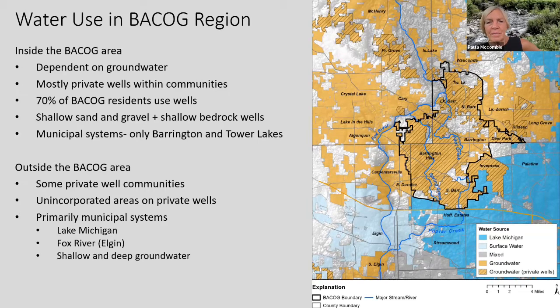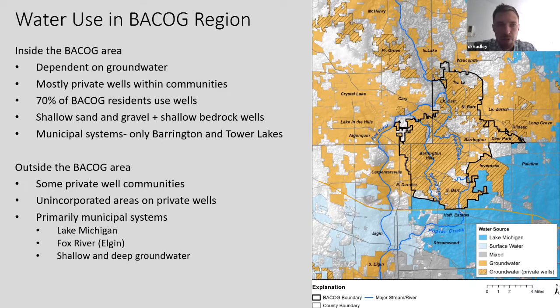I'd have to go back and check the records. I can't remember offhand. I see. But anyway, when you just say municipal systems only in Barrington and Tower Lakes, it doesn't differentiate the fact that those are shallow municipal wells in your program. Sure. Well, thank you for bringing that to my attention.